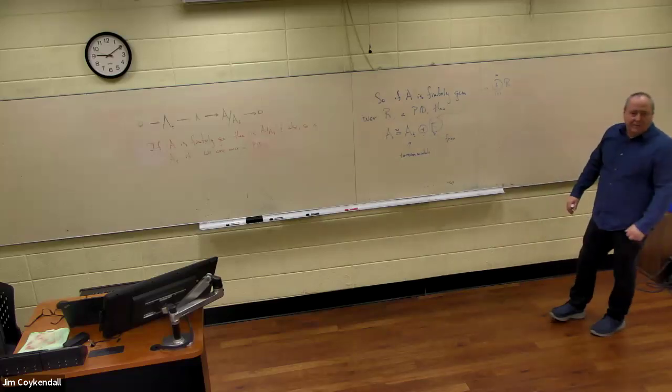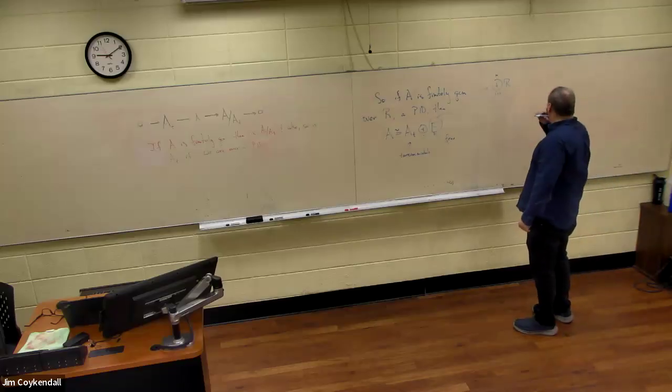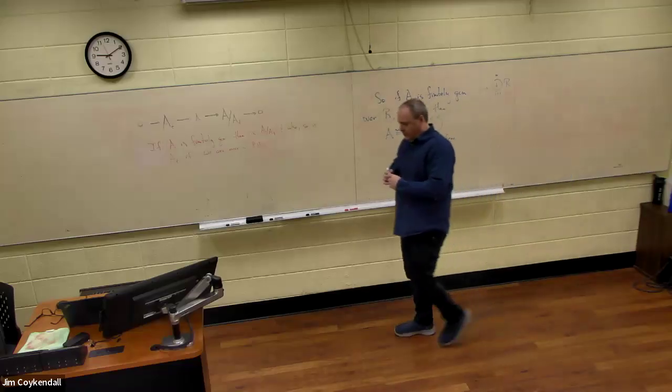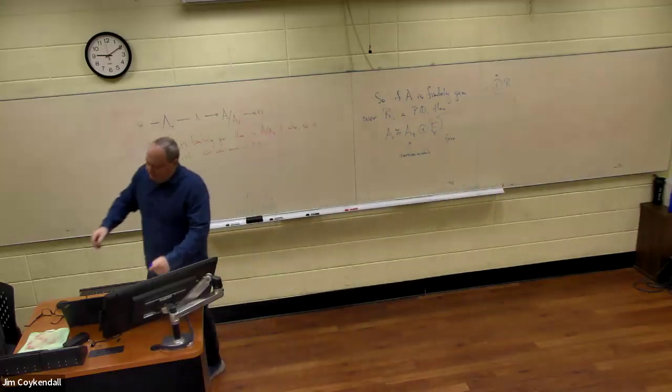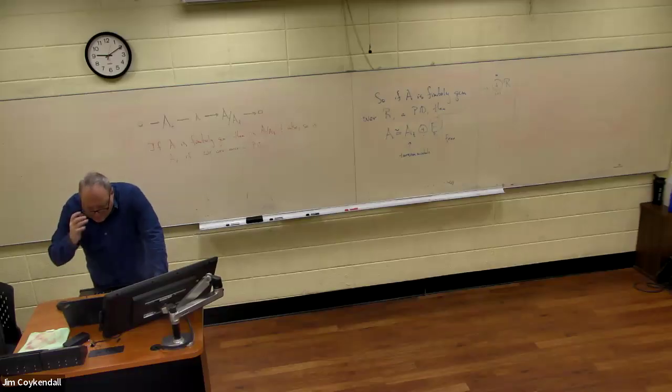How many copies do you have there? That's it. The torsion module is a little bit more subtle, and so we're going to pick apart the torsion module. I know some of you may or may not have seen some of this, so I'll do a couple of examples here.